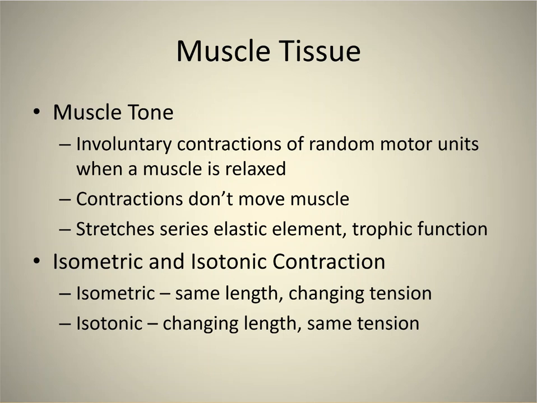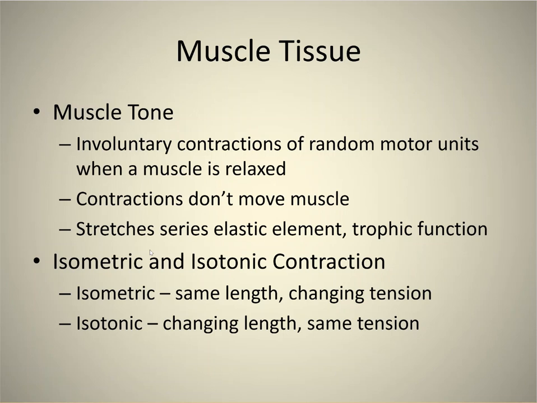That's what happens when people have spinal cord transections. They lose muscle tone, and their muscles atrophy. The contractions don't move muscle; they move bone. Muscles are like elastic bands, and you want to keep them stretched and ready for instant use. This is what muscle tone is for.